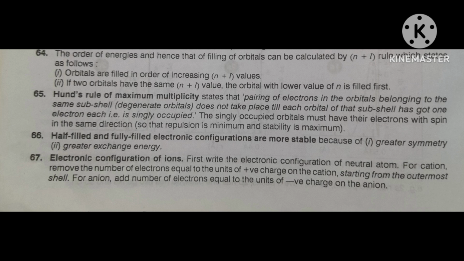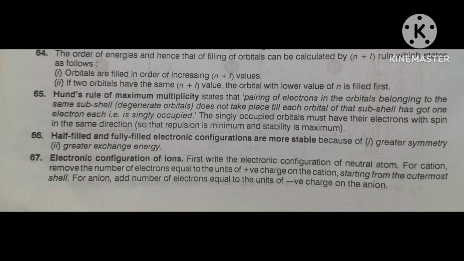It means first one electron fills each orbital, and then pairing starts from px, py, pz. Pairing will not be there in the beginning. First all will occupy one, after that pairing will start. Like that with d, 5 orbitals are there: dxy, dyz, dzx, dx square minus y square, dz square.